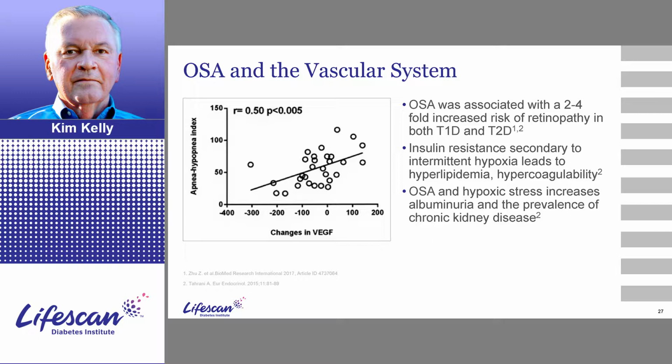And they found that there was a 2- to 4-fold increase in the risk of retinopathy and significant increases in albuminuria and the presence of chronic kidney disease as well. So there is damage to the vascular system that is mirrored in a variety of different factors that are released, VEGF being one of them, and that damage to the vascular system accumulates over time.